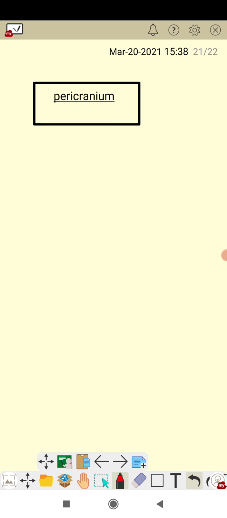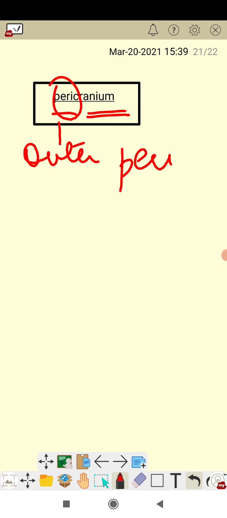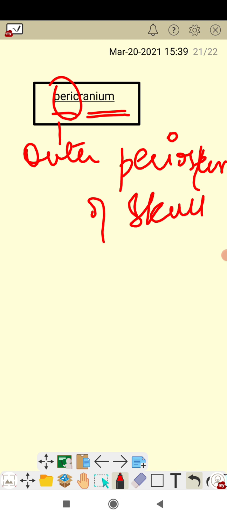Next is pericranium. Pericranium means peri, around, above the cranium; the layer above the cranium. We can also call it the outer periosteum of the skull.